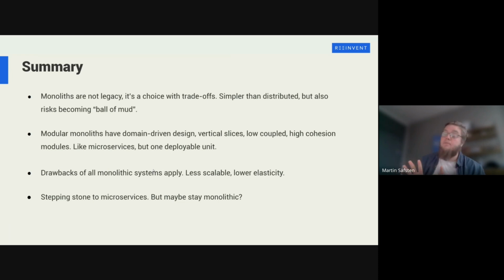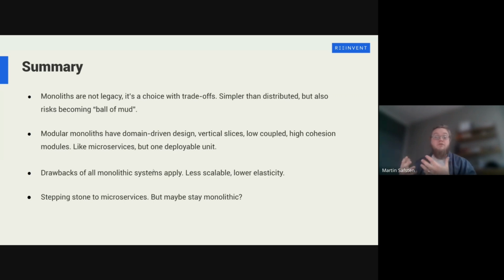There are many widely used systems that are monoliths. Stack Overflow, for example, is a great example. With the number of users and the amount of traffic that Stack Overflow has, it is still a monolithic system. So it's not a problem for it being a monolith.